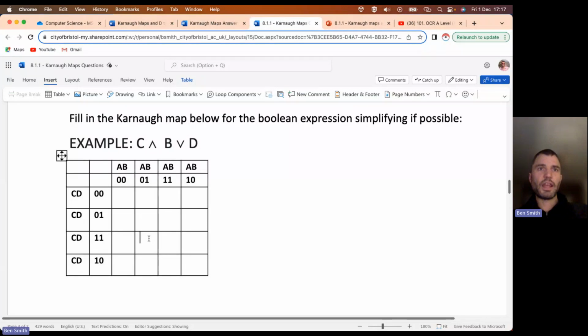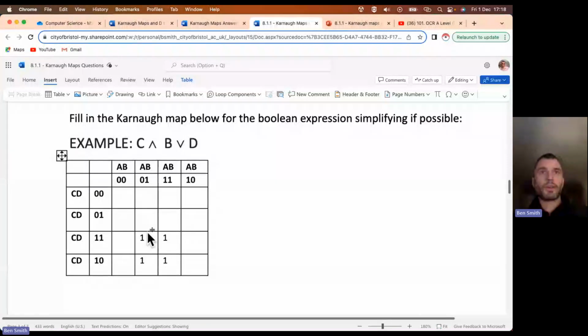But C is true here and B is true here. C is true here and B is true here. C is true here, B is true here, and here as well. That's basically the only possible places you can put a 1 for C and B. Because where C is not true on these lines, although B is true here and here, C is not true there, so we can't put a 1 there.